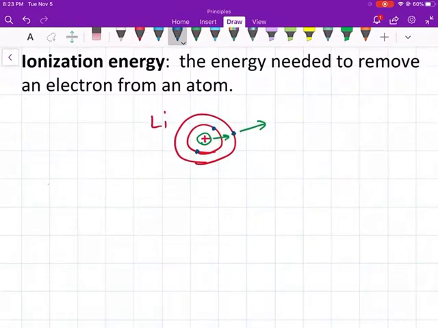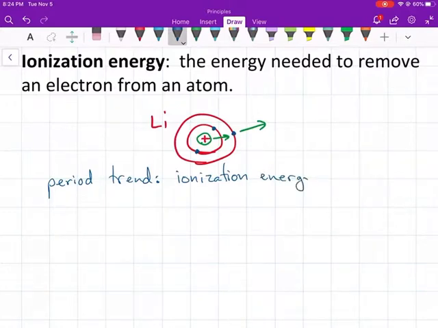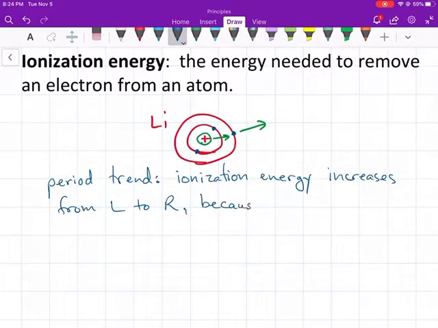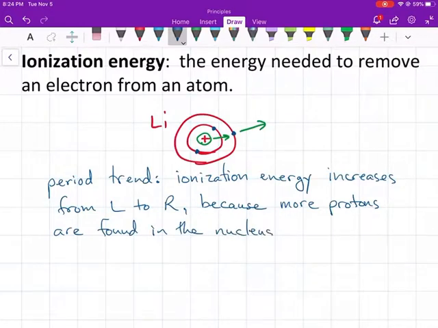So for ionization, we have a period trend, which says ionization energy increases from left to right, from L to R, because more protons are found in the nucleus, holding the electrons in with more force.